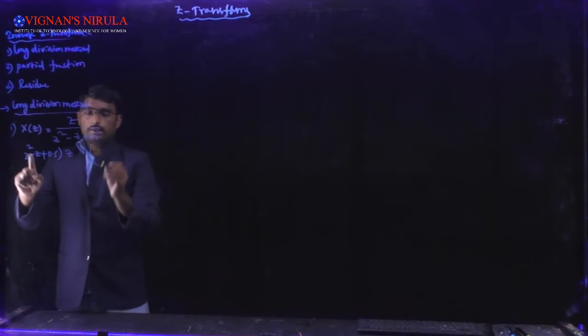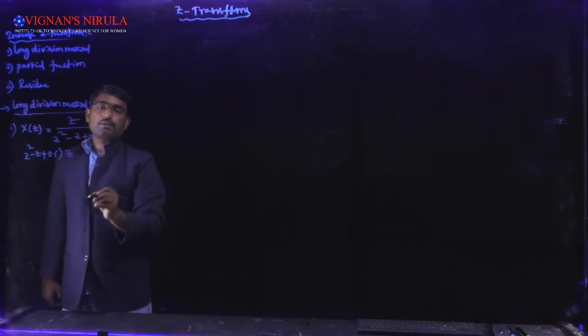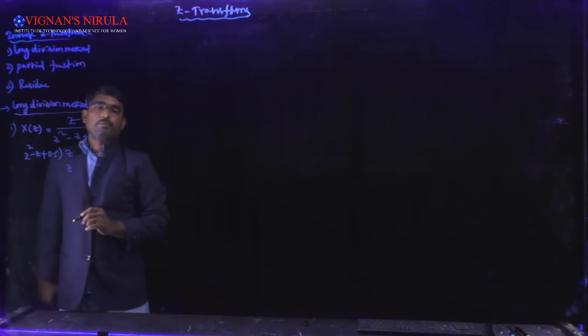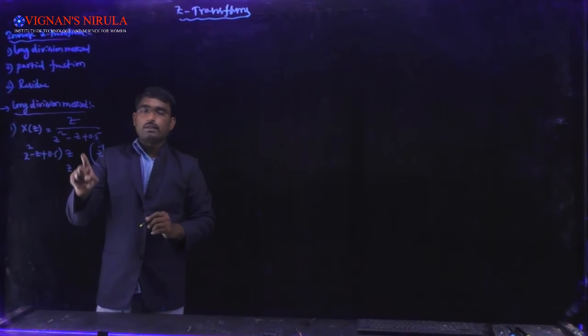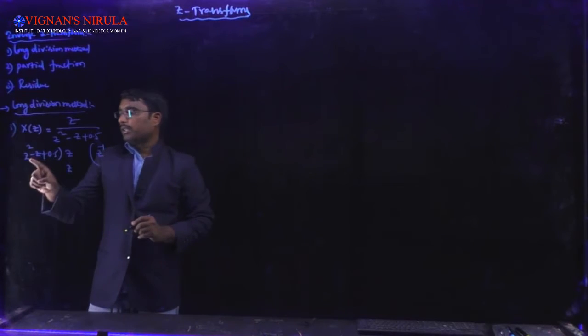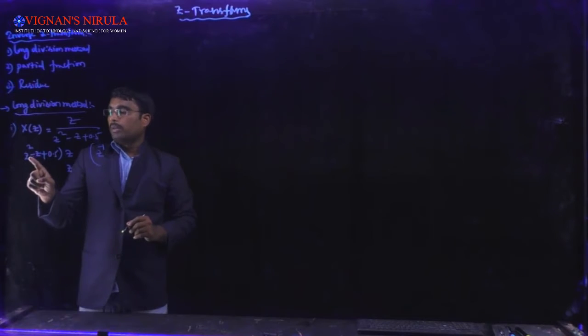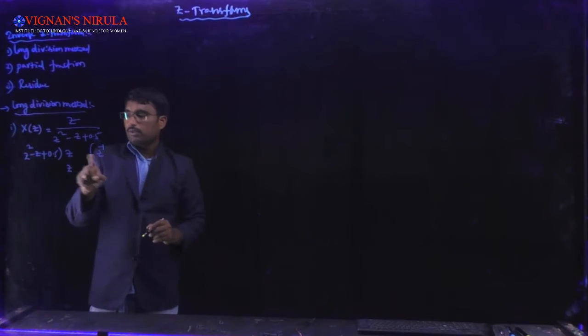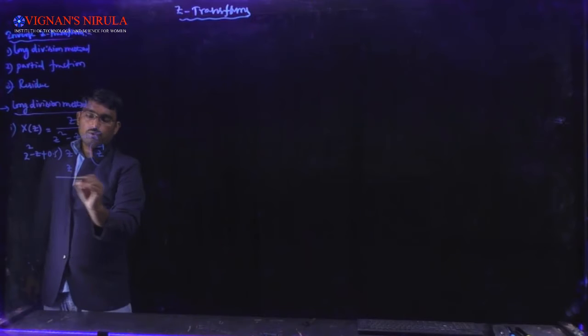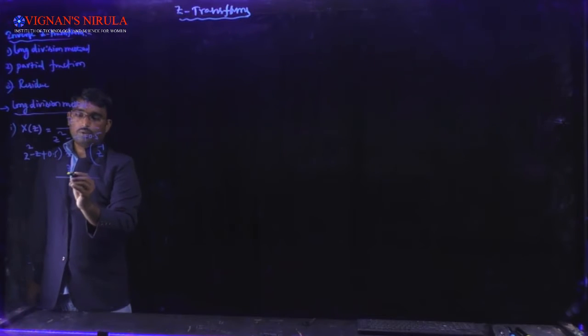If you multiply z square with z inverse, you will be getting z over here, so that it will be cancelled.